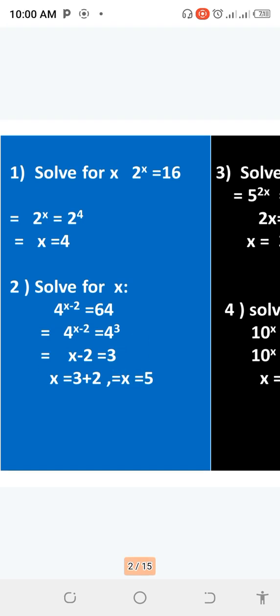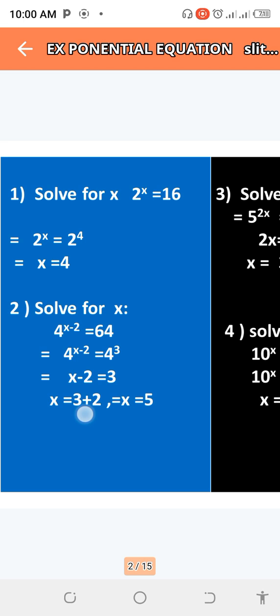So when we take like terms together, we now have x is equal to 3 plus 2, which gives us x equals 5. Yes, x is equal to 5.